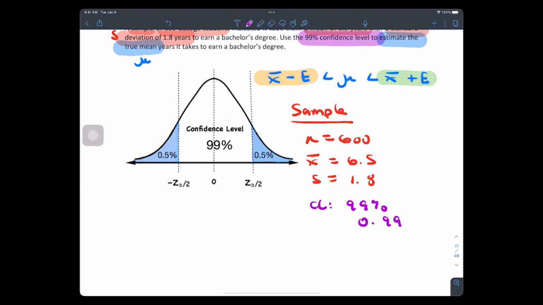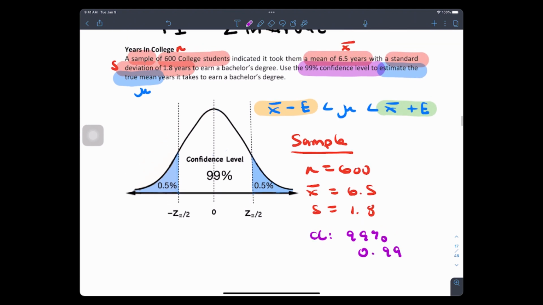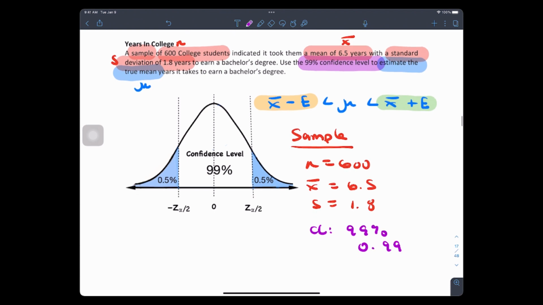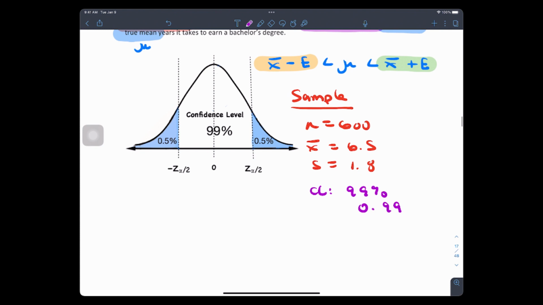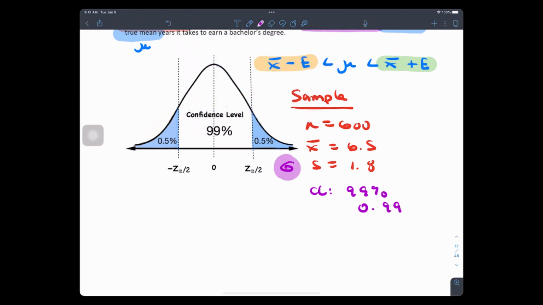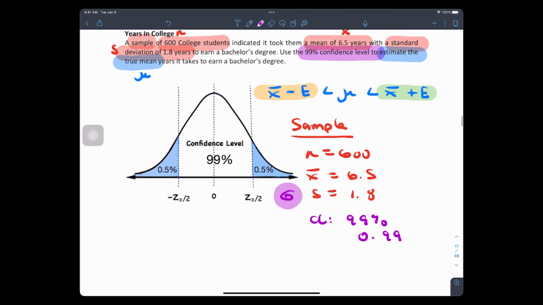Confidence level is 99%. Now, what I do have to say, ladies and gentlemen, there's kind of a typo. You see the sample standard deviation? It's really the true standard deviation, sigma. That's a population standard deviation. So I just want to remark, there's kind of a real technical thing here.